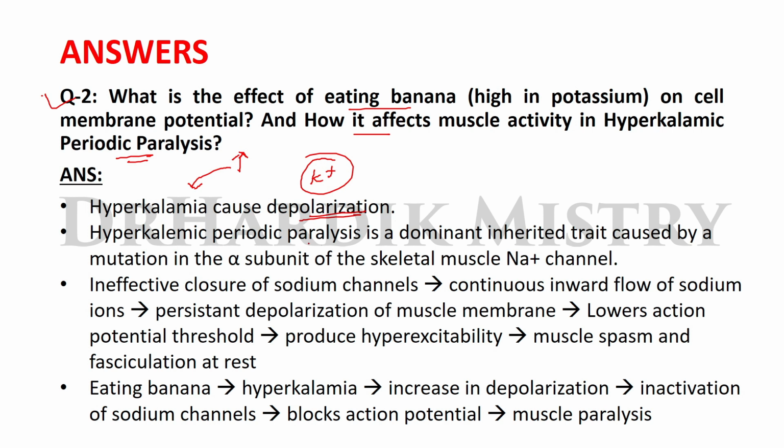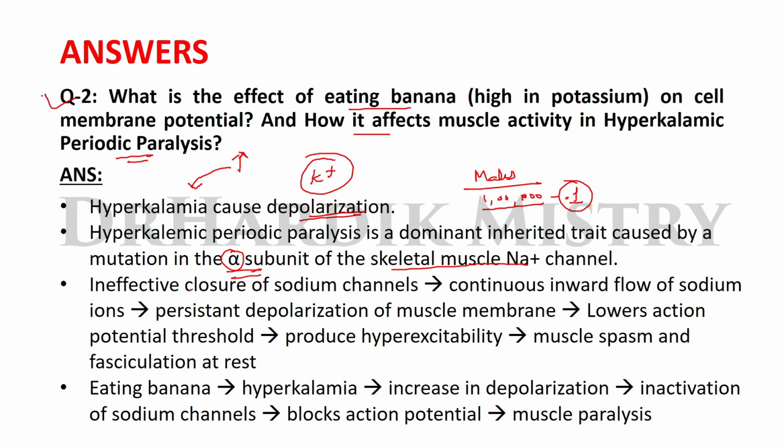Hyperkalemic periodic paralysis is a dominant inherited trait that is caused by mutation in the alpha subunit of the skeletal muscle sodium channel. It is mainly seen in males. Out of 1 lakh persons, you will find this case in 1 person. Due to this alpha subunit mutation, the closure of the sodium channel is ineffective.